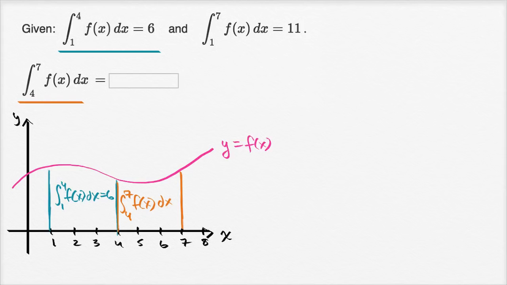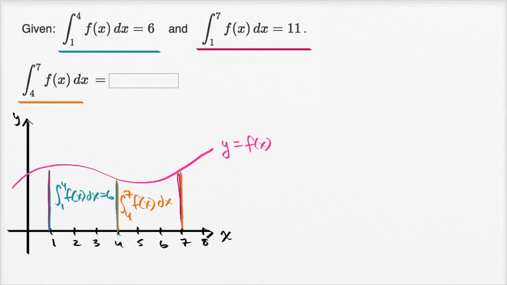And then they also gave us this last piece of information, the definite integral from 1 to 7. Well, that's going from 1 all the way to 7. So that's the sum of these two regions right over here.